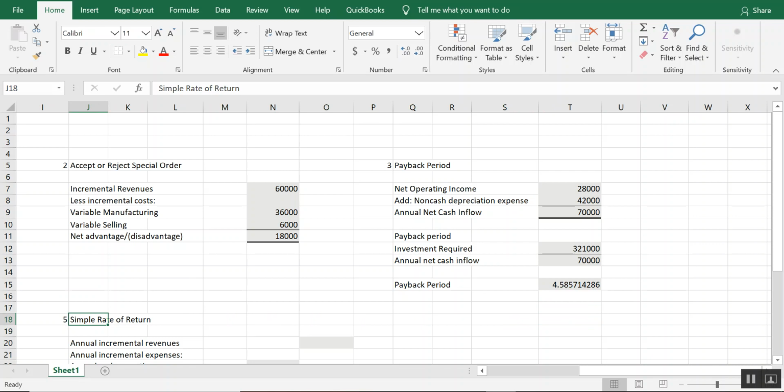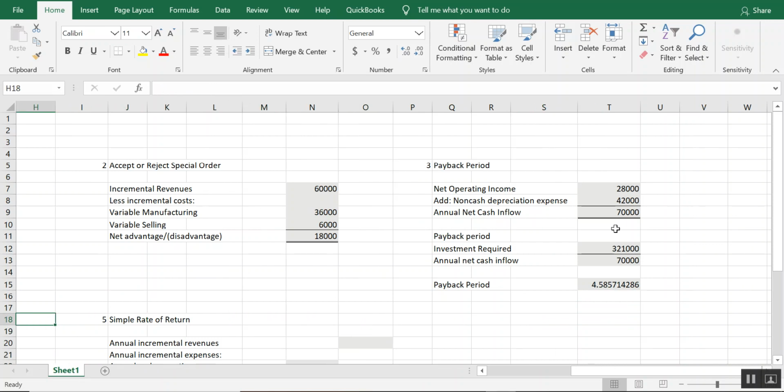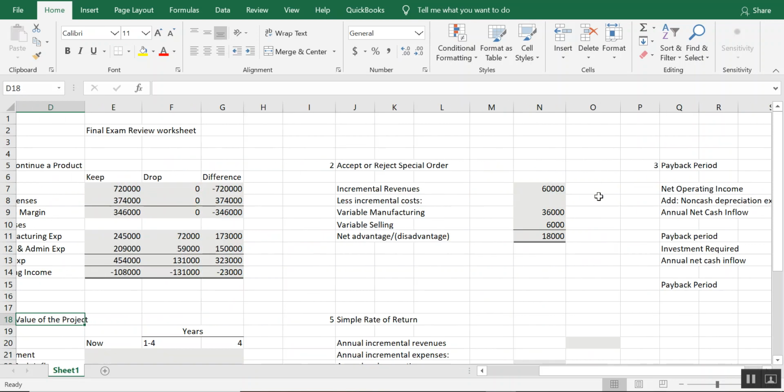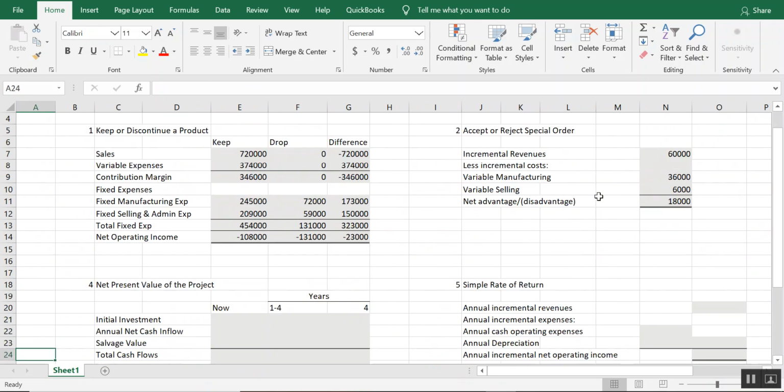So that's the payback period approach. Just remember, this is a cash flow approach, so you do have to add back the depreciation expense, which is not actually a cash expense.